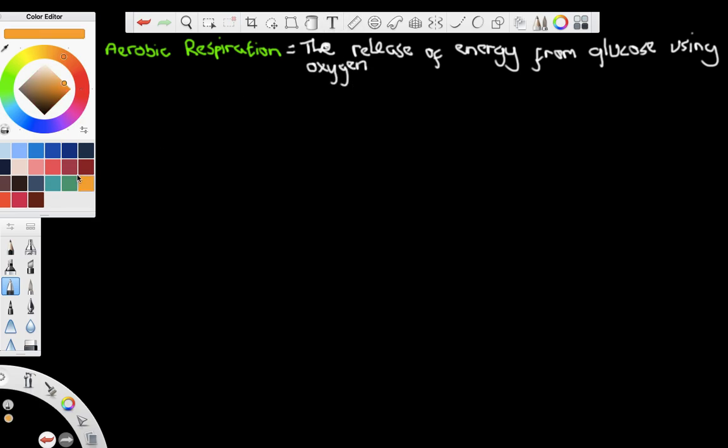Now, all cells carry out respiration to release the energy so that they can use it. Okay?